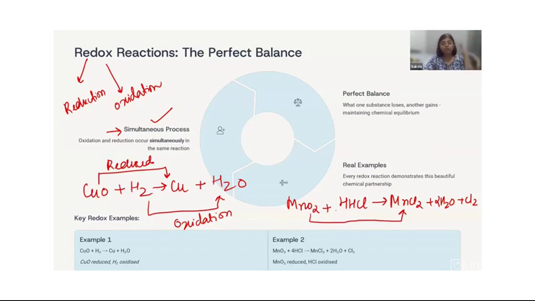Oxygen is removed, and that is reduction, the opposite of oxidation. If you see HCl, the hydrogen is gaining oxygen, so HCl is oxidized. This is how you can check whether oxidation or reduction is happening.